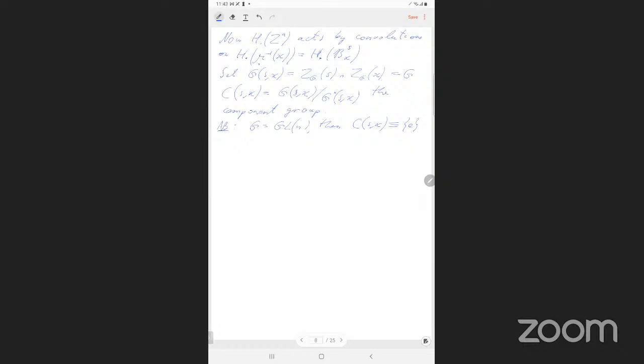So for GLN, the centralizer of anything is connected, because it's the centralizer in matrices, which is a vector space.